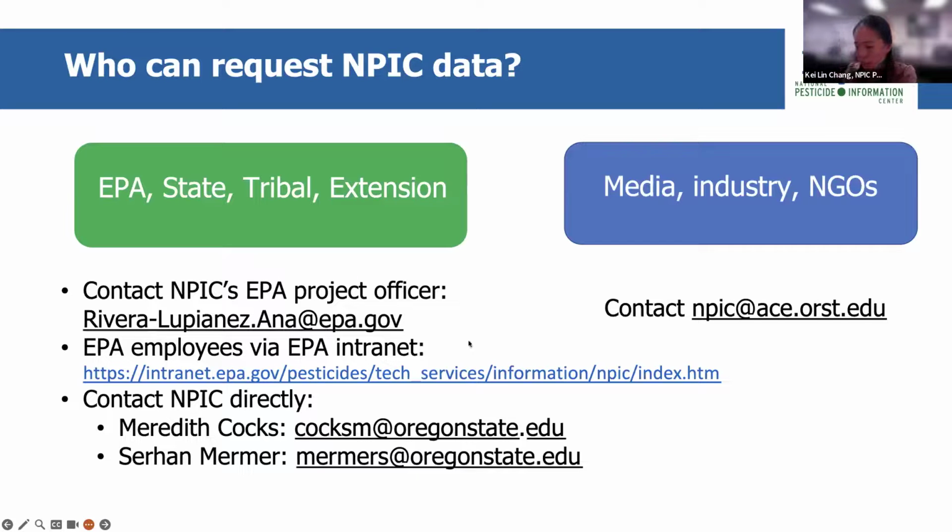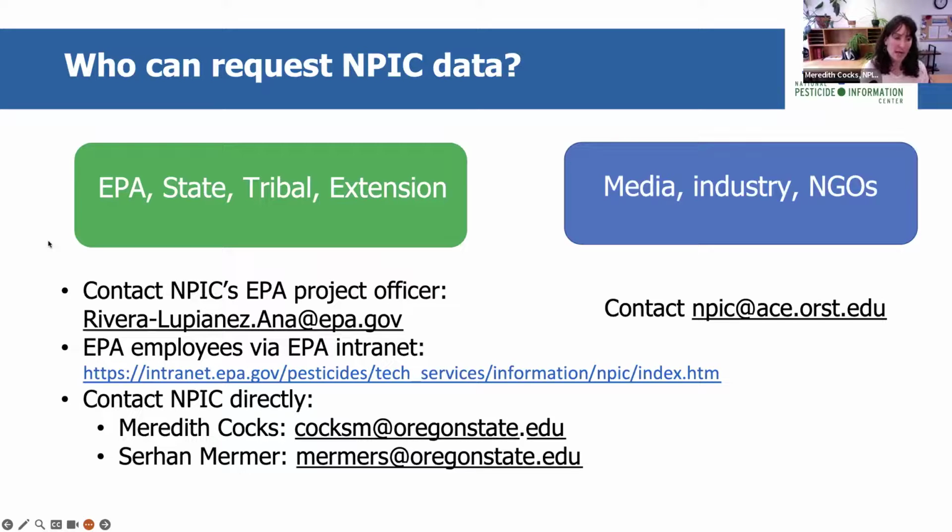Someone would like for us to confirm that quarterly NPIC shares all incident data reports with EPA OPP. They refer people to NPIC for EPA to capture incident reports. So we share quarterly reports that are summaries of all of our data with EPA.